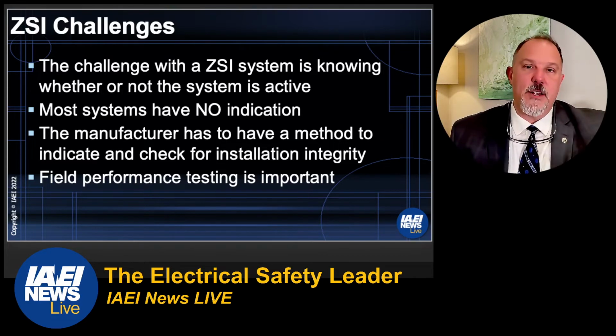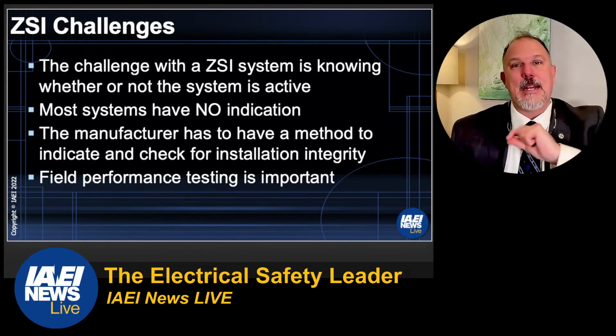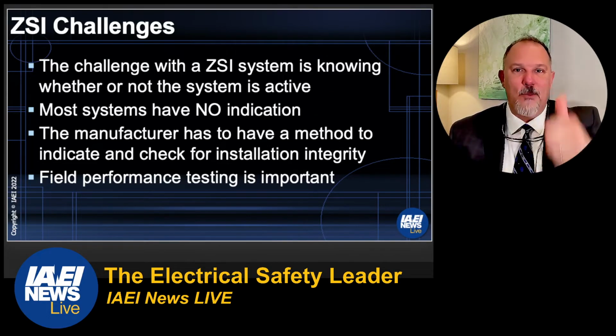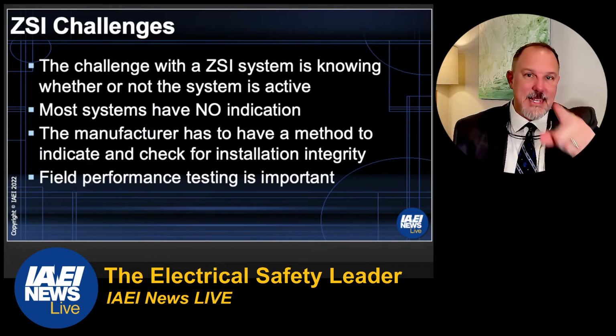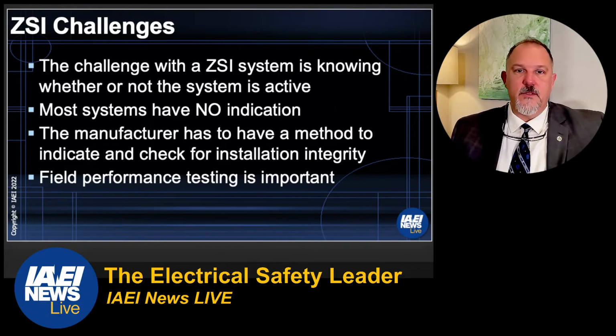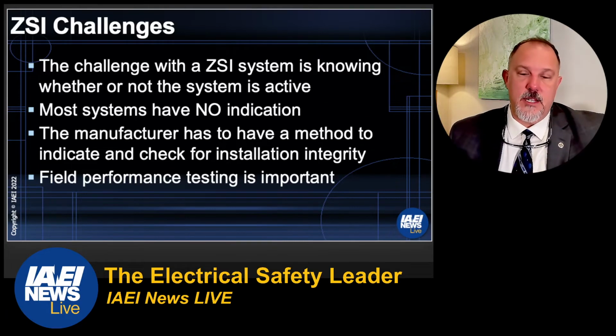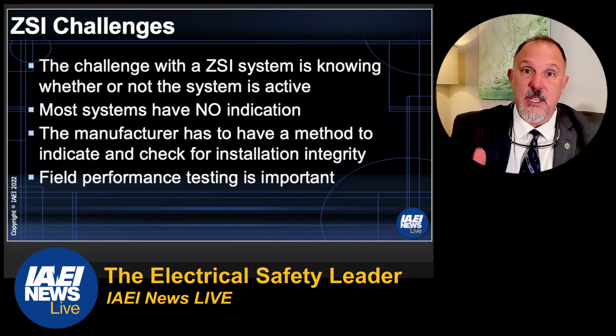There's only one manufacturer on the market that actually has an indicating light that tells you zone selective interlocking is wired and functioning. Think about that. You walk up to a piece of equipment, there is nothing on that equipment that tells you this is a zone selectively interlocked system. There's nothing in the code that says it needs to be marked that it is a zone selectively interlocked system.